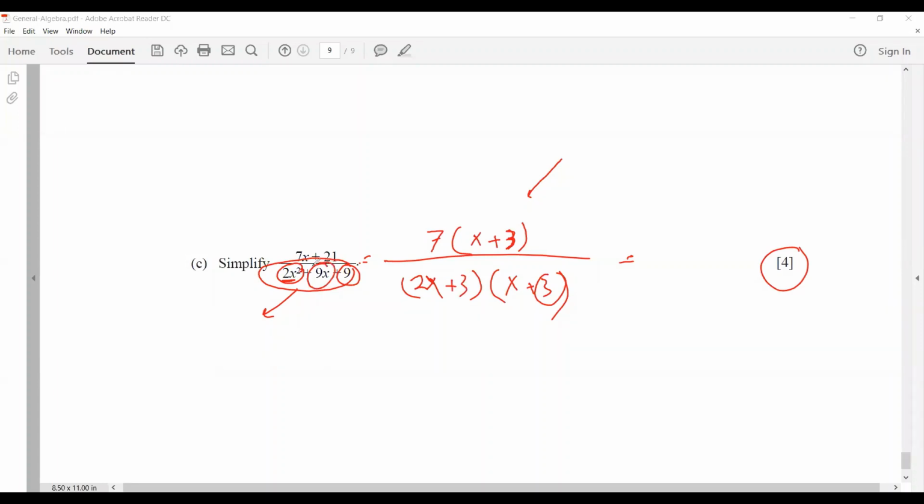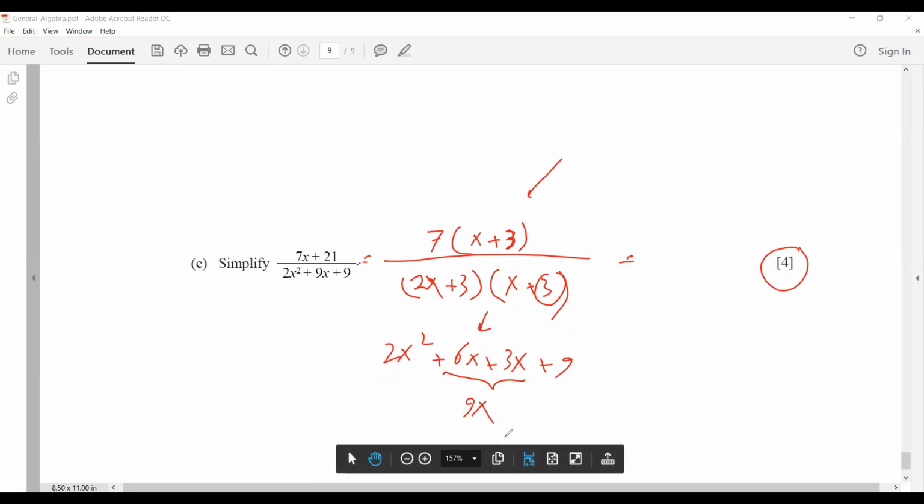And you shouldn't be worried about the 9x. However, just to prove to you guys that we should get back this expression, I'm going to expand this quickly. You get 2x squared, 6x plus 3x and plus 9. And this is 9x already, right?